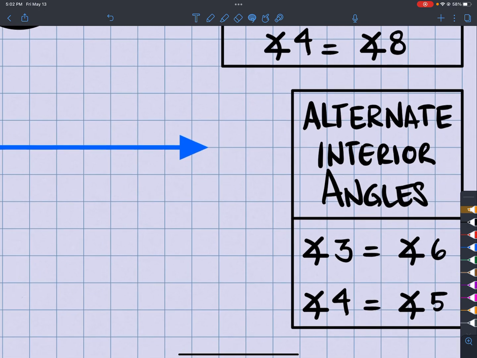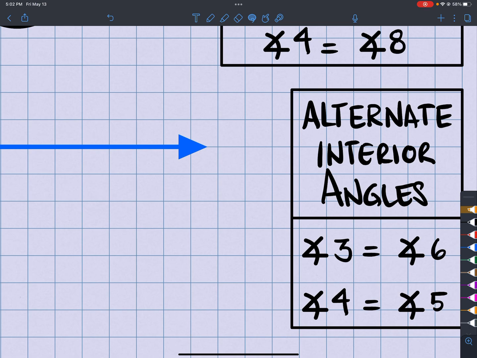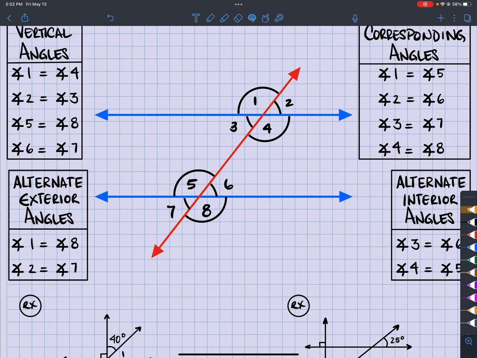Now let's talk about the alternate interior angles. Alternate means opposite sides of the transversal, so this side versus this side. Interior means within the parallel lines. So opposite sides, but inside.